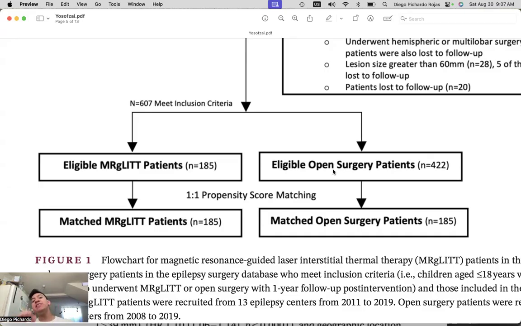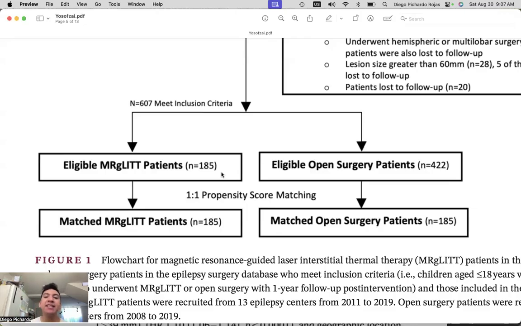So imagine this. I have 185 patients that underwent a laser, and we have 400 patients that underwent open surgery. What most studies do is just compare the 200 laser patients with the 400 open surgery patients, and that's it. That's the most common.